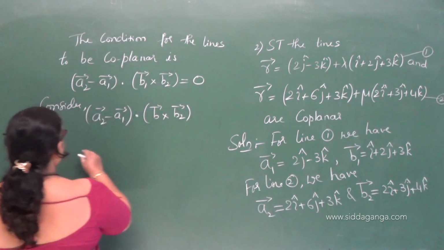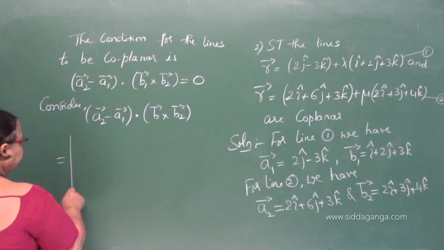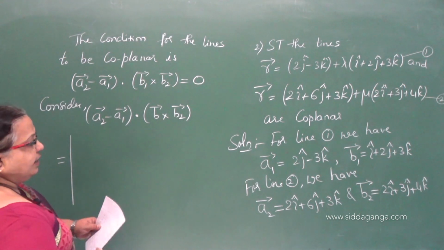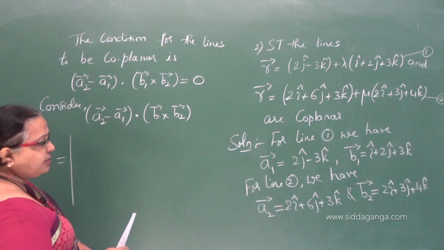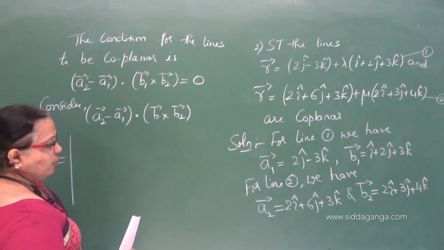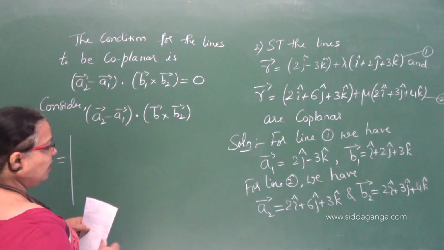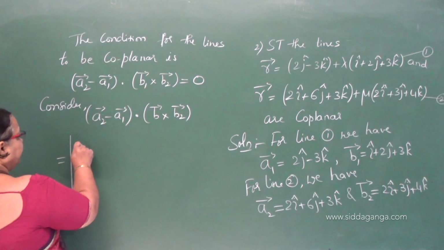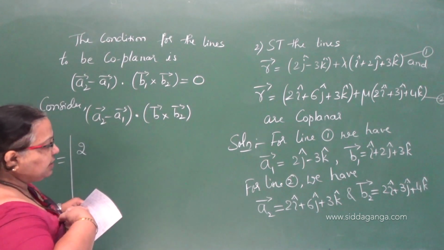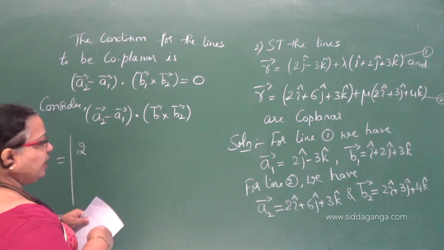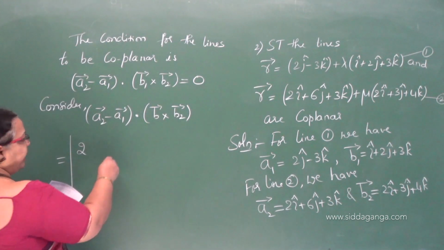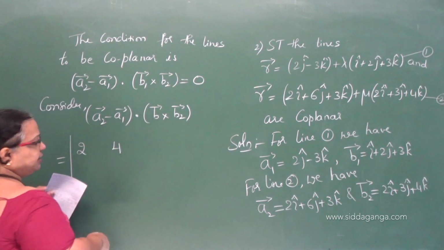This is equal to the determinant: A2 minus A1 is 2i cap, there is no i cap in A1, so 2 remains. Next 6j cap minus 2j cap is 4j cap.